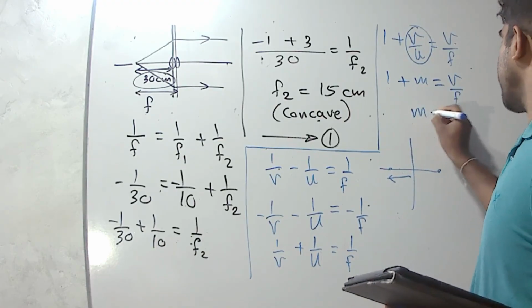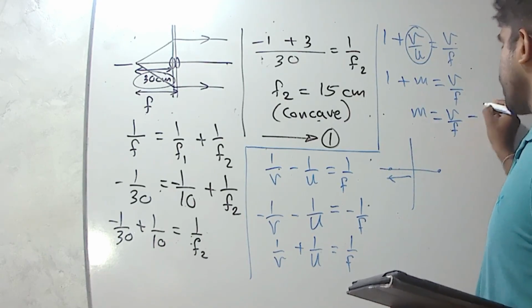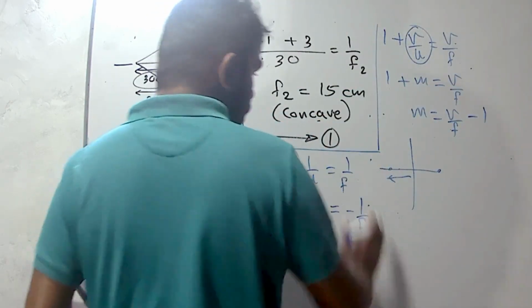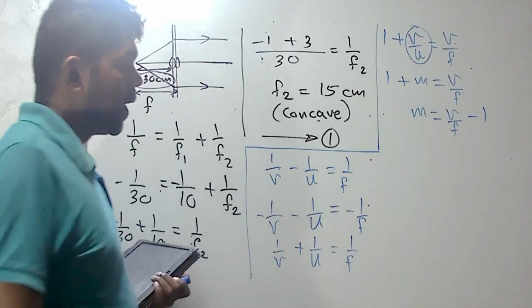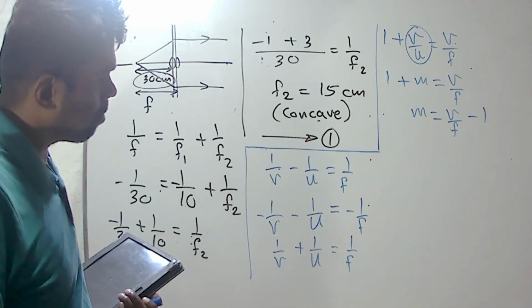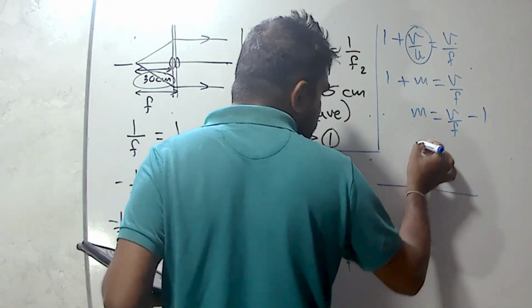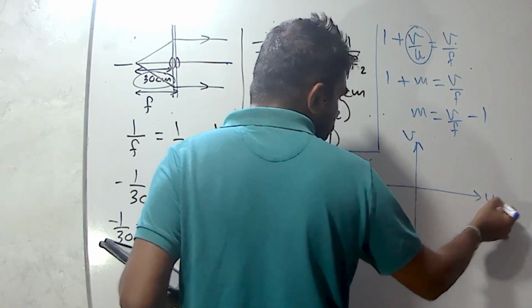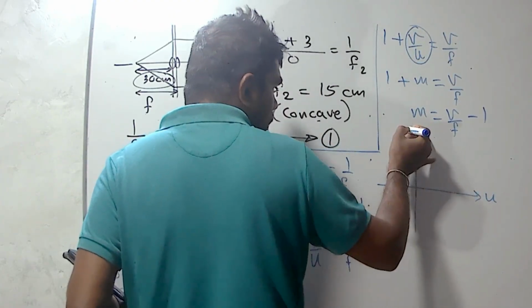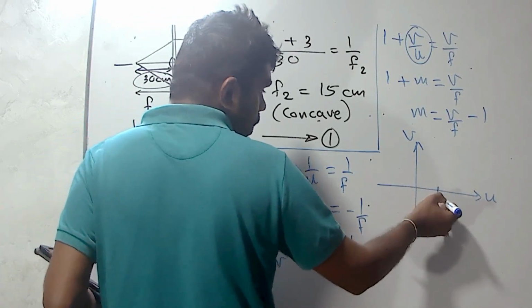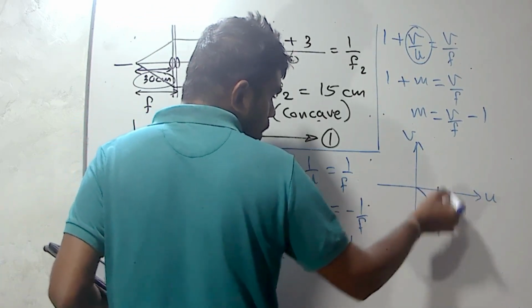Then the m value is v over f minus 1. Now I will draw the VU curve corresponding to convex lenses. We know that the VU curve means image distance versus object distance. It should be like this.